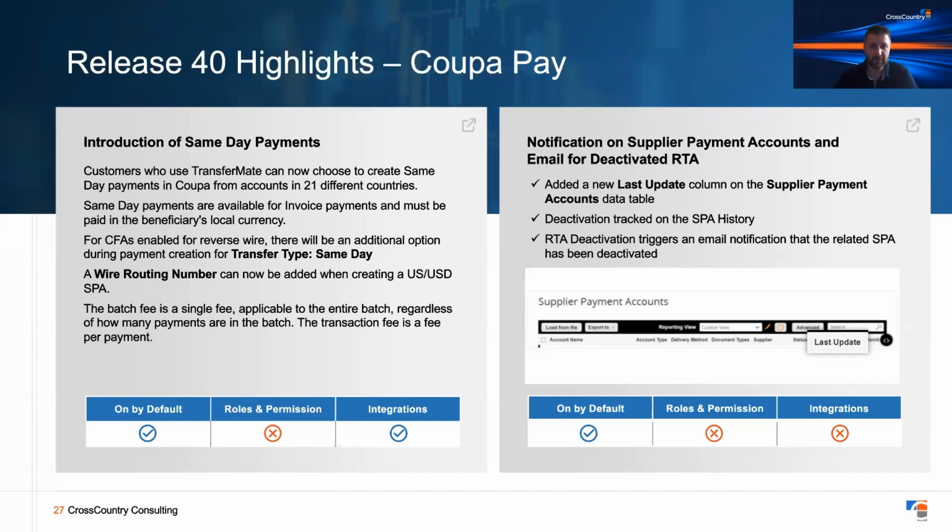And then for the supplier payment accounts that you're paying out to, you will need to have the wire routing number for those clients to be able to make that same day payment.